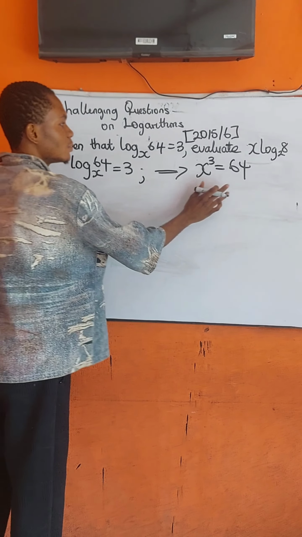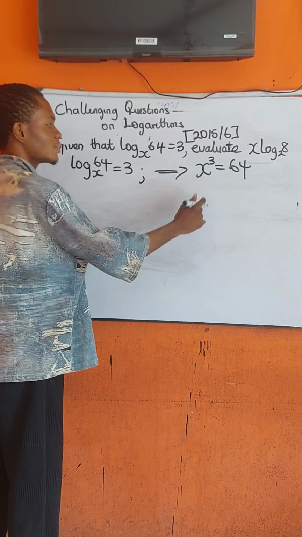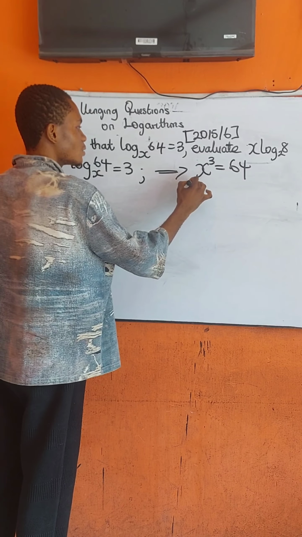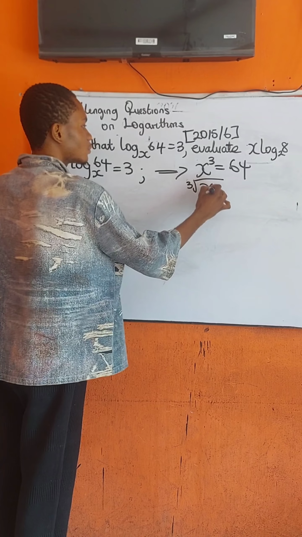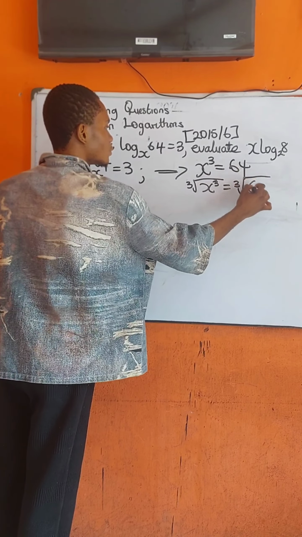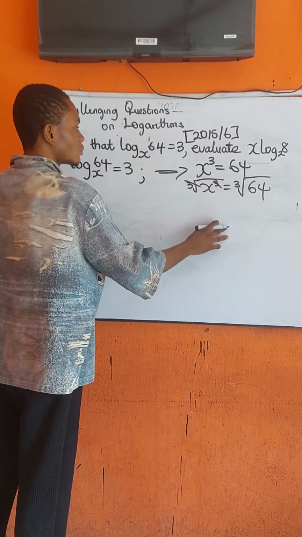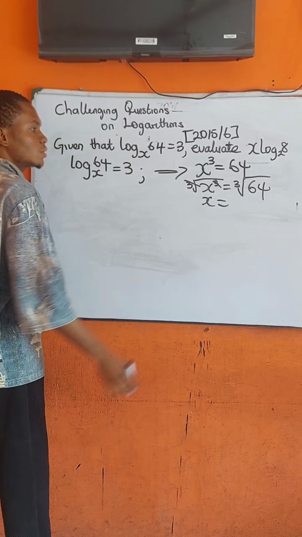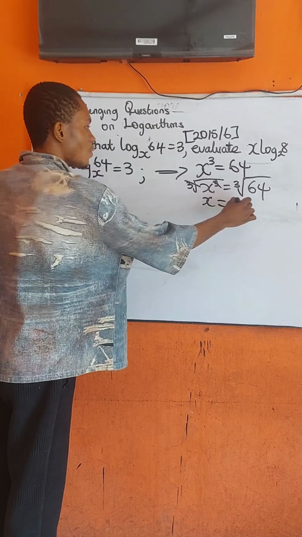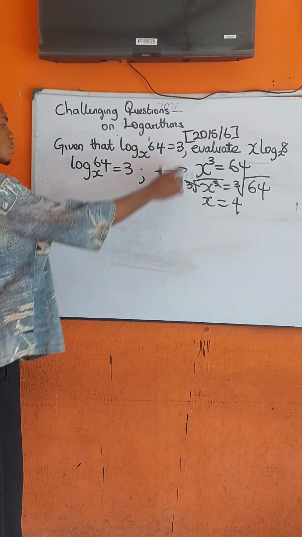So we find the cube root of both sides. The cube root of 64 is 4. So the value of x is 4.